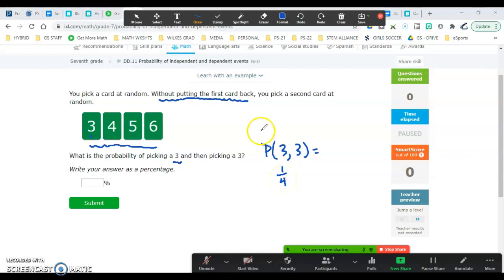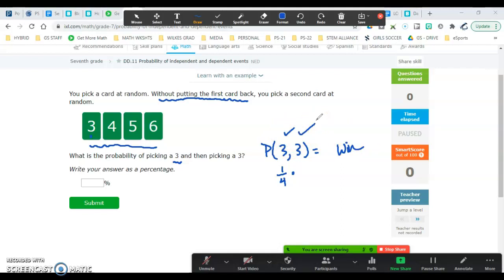Next up, I did not put the card back. So what is now my chance of picking a 3? Here's the hard part that you have to understand: in order for this whole setup to be a win for us, both must be true.